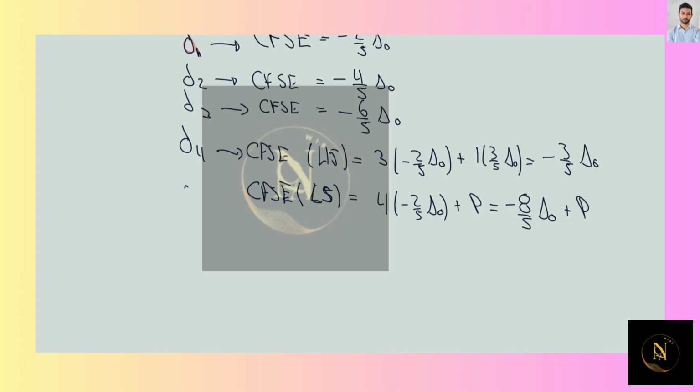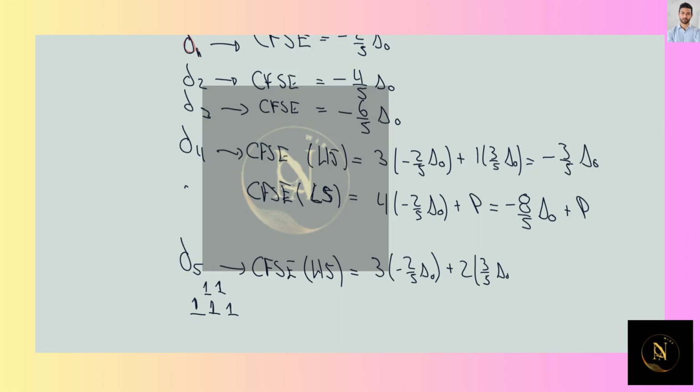Now let's go with D5. For the high spin case, this is going to be more simple. The configuration corresponds to one electron on each of the orbitals. So we will get 3 times minus 2 fifths of delta naught plus 2 times 3 fifths of delta naught. As you can see, this is going to give us a stabilization energy equal to 0.